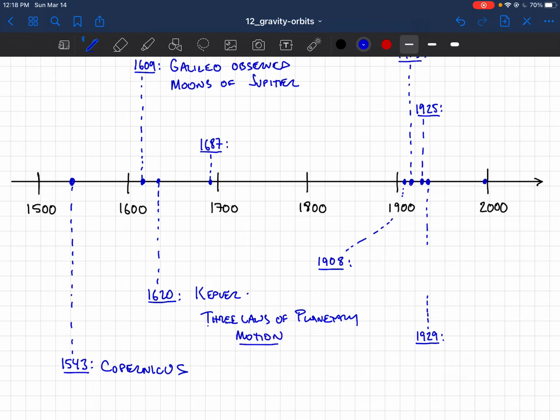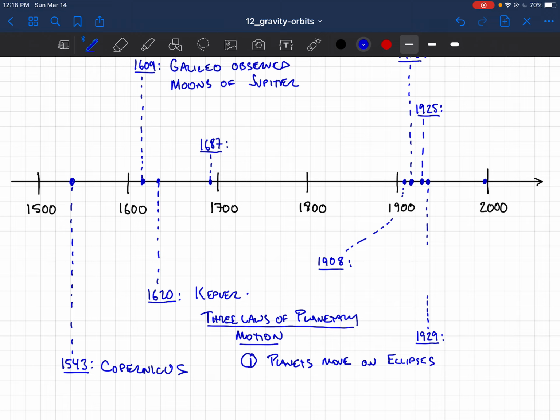So let's just say what those are. So the first law, and these are really empirical laws, so they were just based on data. They don't have any sort of explanation or explanatory power like Newton's laws do. The first law that he came up with was that planets move on ellipses.